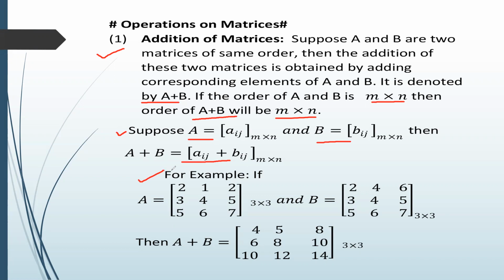For example, we have a matrix A, which is 2, 1, 2, 3, 4, 5, 5, 6, 7, and B is 2, 4, 6, 3, 4, 5, and 5, 6, 7. Now we find A plus B.